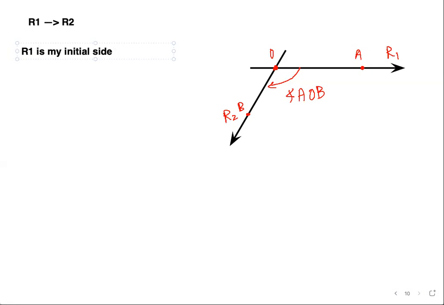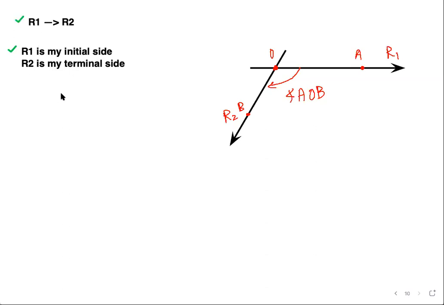And what about R2? Yes, my terminal side, because I end at R2. So I start from R1 and stop at R2. R2 is called the terminal side, and R1 is called the initial side.